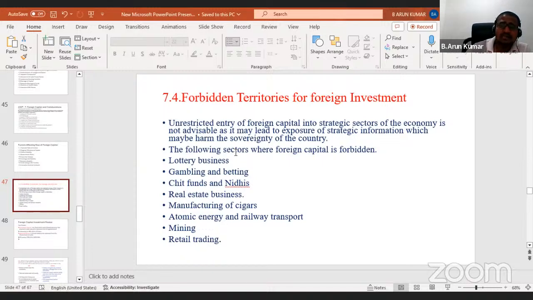Now, these are all restricted areas for foreign investors. They don't have any access to invest in these particular investments.